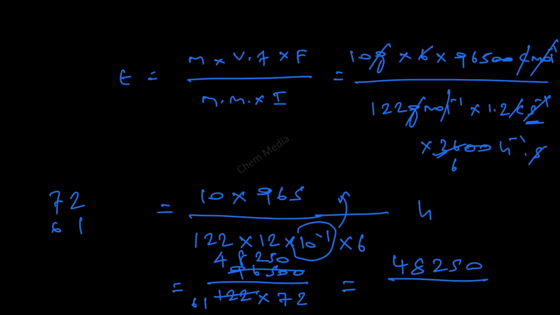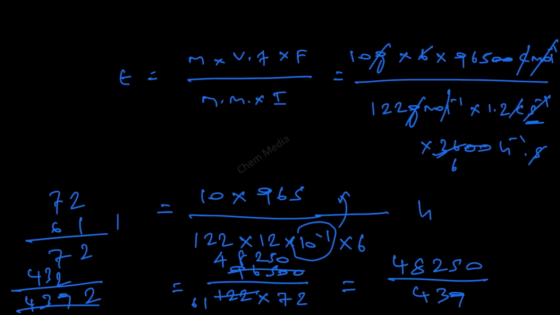So 72 times 61. So 2, 7, 12, 1, and then this would be 42 plus 1, 43. So therefore 2933, 4. So 48,250 divided by 4392 is what we need to figure out.